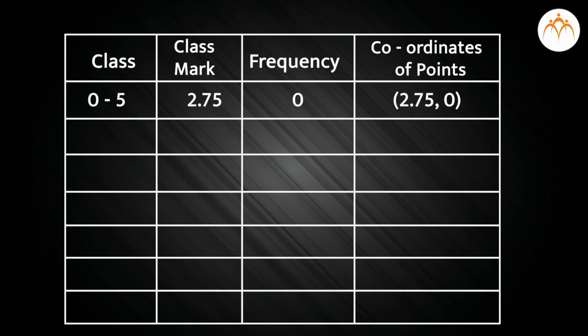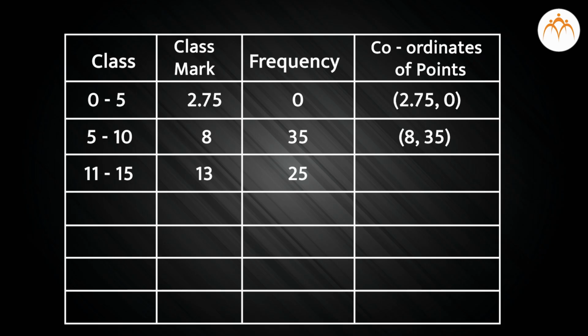For class 0 to 5, class mark is 2.75, frequency is 0, therefore the coordinates are 2.75, 0. For class 6 to 10, class mark is 8, frequency is 35, therefore the coordinates are 8, 35.